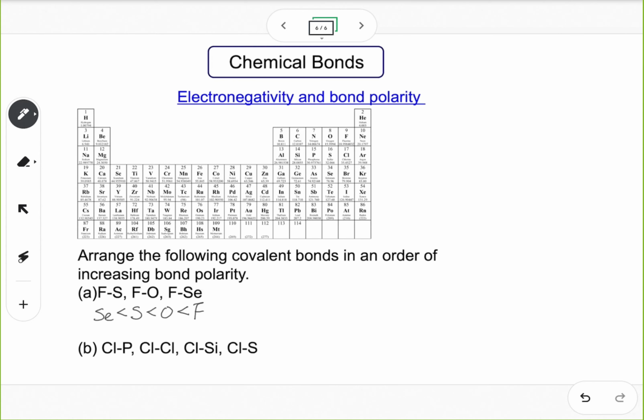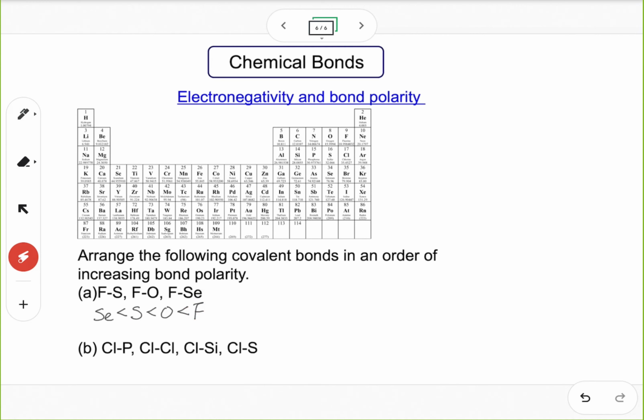Now, based on this information, we should be able to identify the trends of electronegativity difference. When you look at oxygen and fluorine, oxygen has lower electronegativity than fluorine, but the difference between the two is certainly less than the difference between sulfur and fluorine, because sulfur and fluorine are further away from each other across the periodic table, or in this sequence.